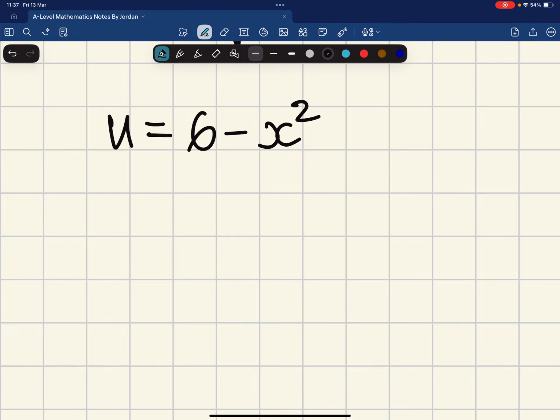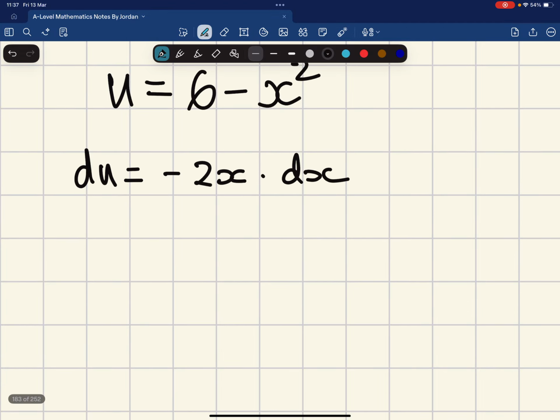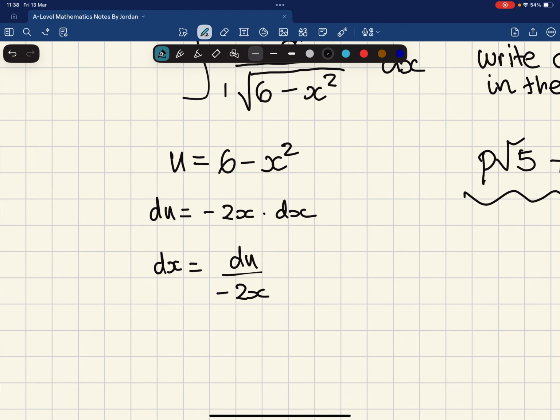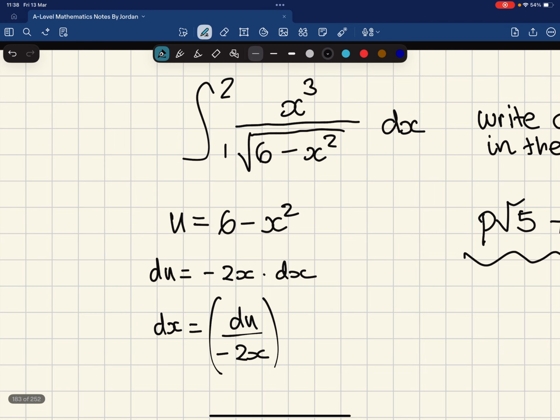Okay, start with differentiating. du is going to be minus 2x times dx. And rearranging for dx gives us dx is du over minus 2x. Straight away that sorted that one out, and this sorts that out.